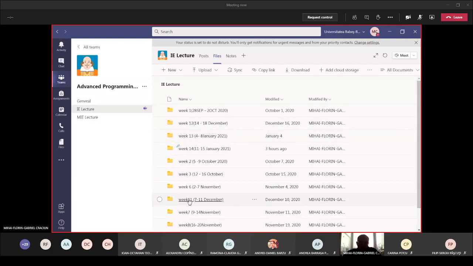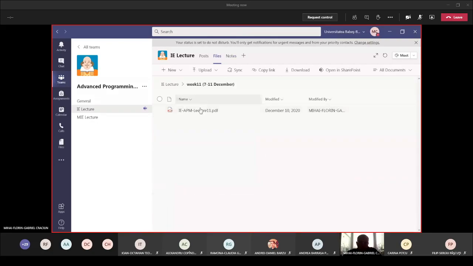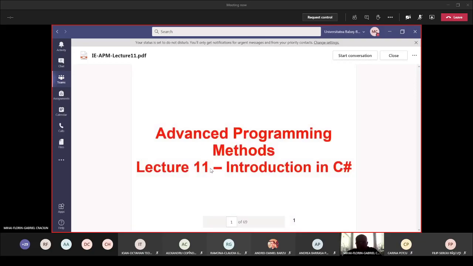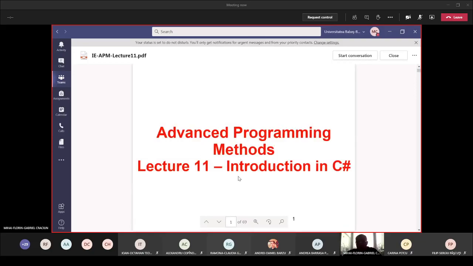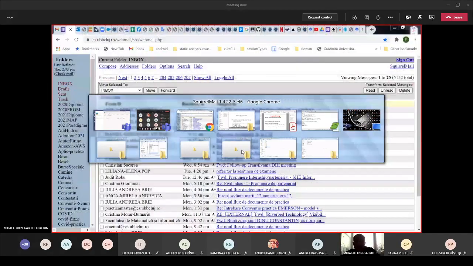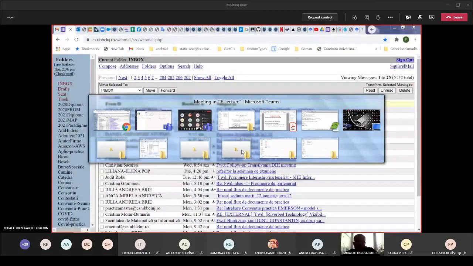And starting from week 11, we started the discussion about C#, and these C# and Scala lectures are not required for the final exam. So actually, there are not so many lectures that you really have to read or pay attention to.